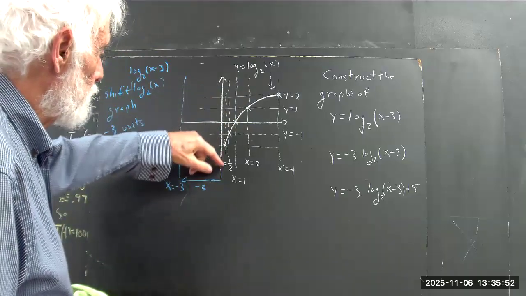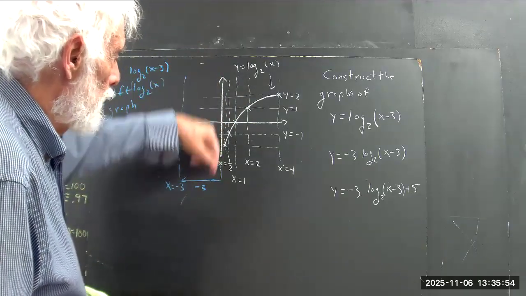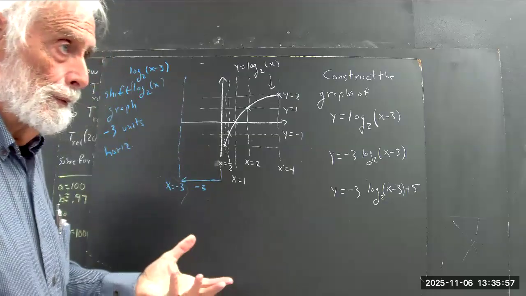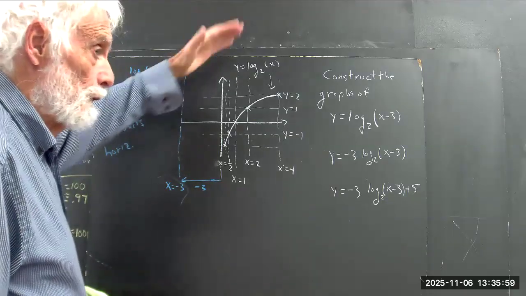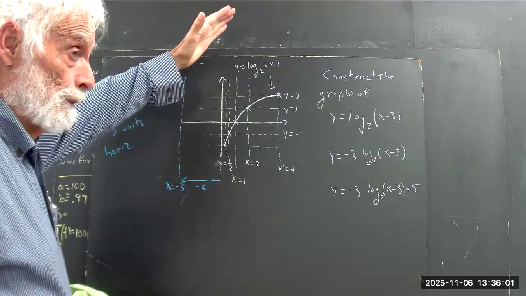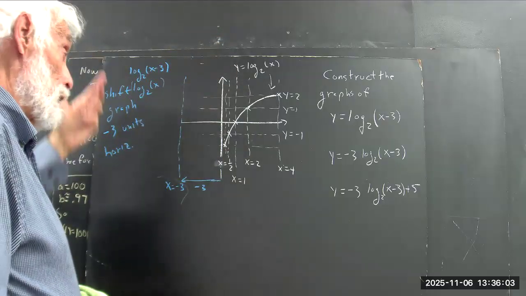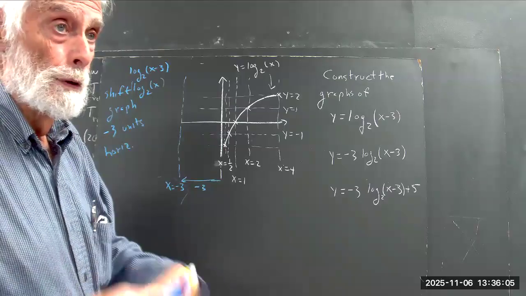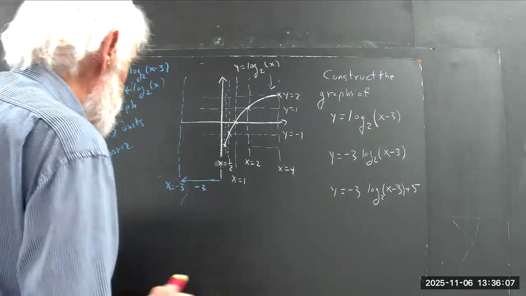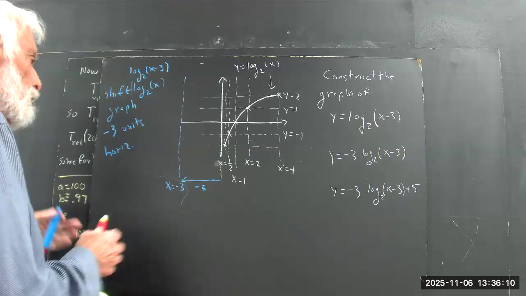This graph has an asymptote at the y-axis because the exponential function, the 2 to the x function, has an asymptote at the negative x-axis. If you reverse the coordinates and think about it, that becomes sort of obvious.